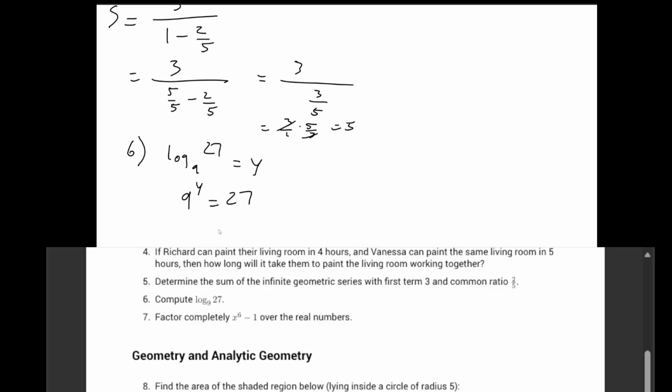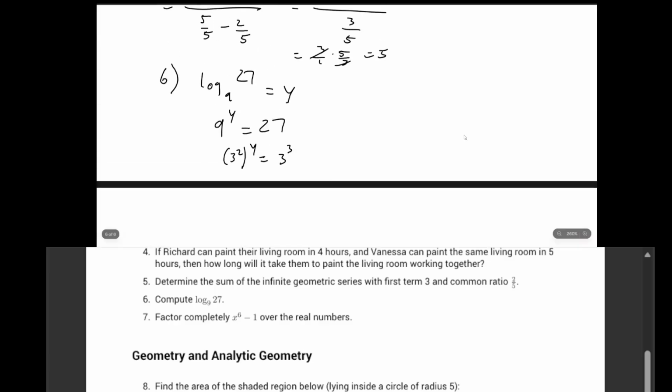So really, we have to think about 9 to the what equals 27. So I'm going to rewrite this as 3 squared, because 9 equals 3 squared, to the y, and then of course 27 equals 3 cubed. So really the best strategy for these types of things, whenever possible, is to get that common base. In this case, our common base is 3.